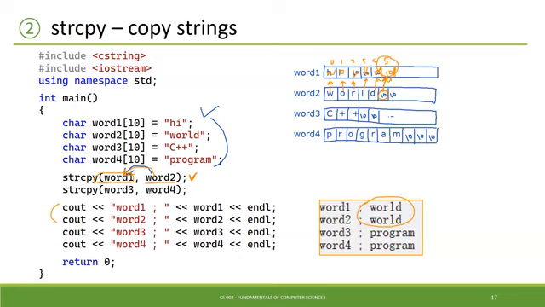See, copy word 4 to word 3. Then look at this one. Copy word 4. This will be copied here. P. This will be copied here. Right? So the computer will copy every single letter to the destination. This is the source, this is the destination, right?